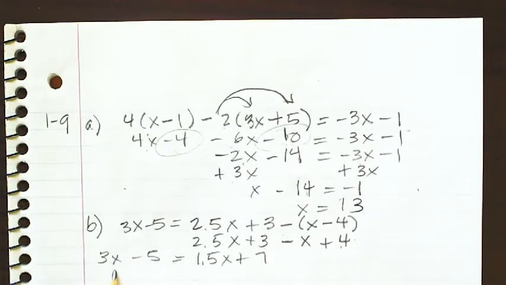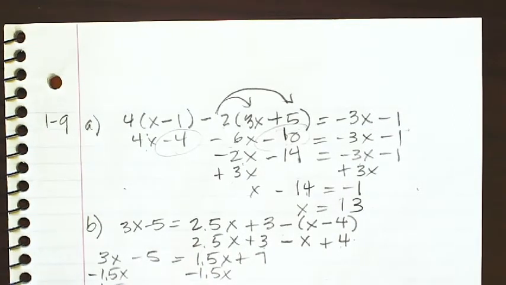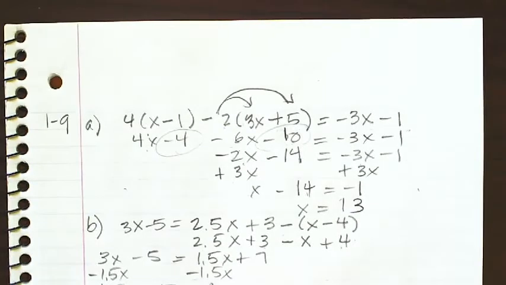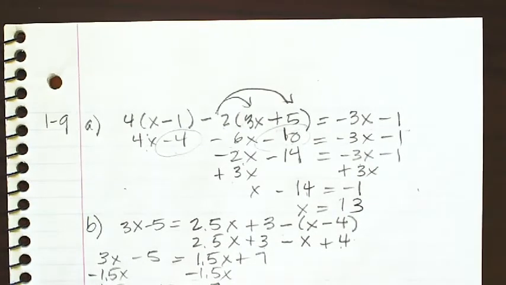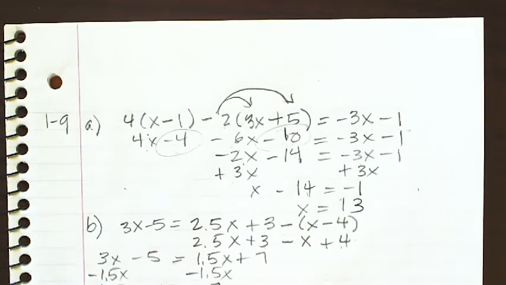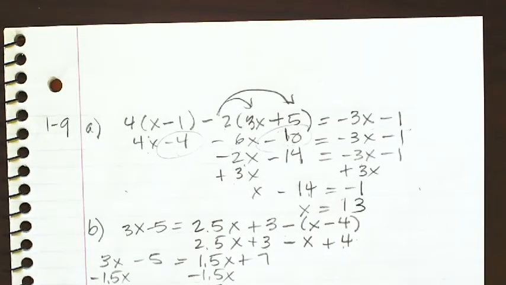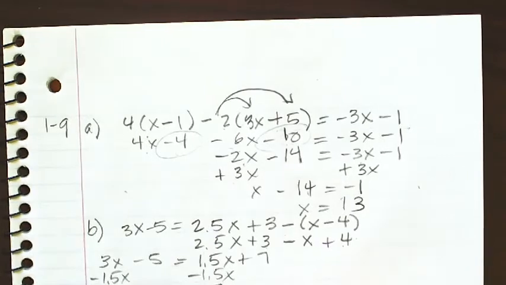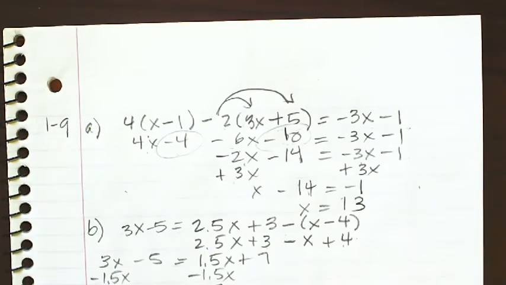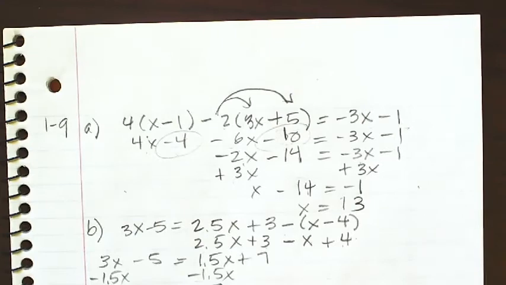And then we've got x's on both sides. 1.5 is smaller. Let's get rid of that. Add 5, and then 12 divided by 3 over 2 is the same as 12 times 2 over 3, which would be 24 over 3, which would be 8.